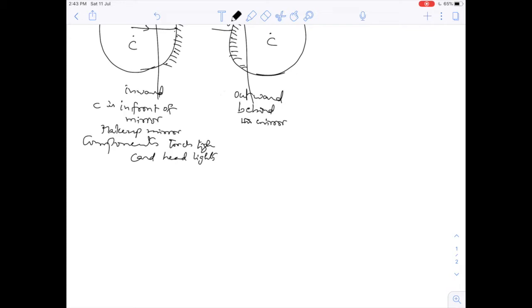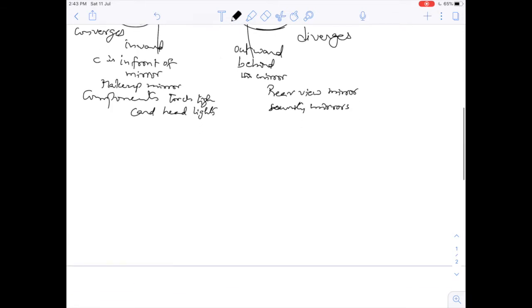In the case of convex mirrors, there are rear view, that is side view, mirrors, or security mirrors in shops and malls, where the maximum area can be seen. And a concave mirror converges, and a convex mirror diverges. So, these are the basic characteristics. Now, let us see the components.